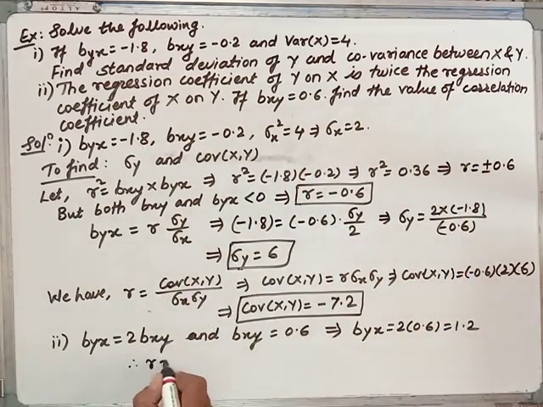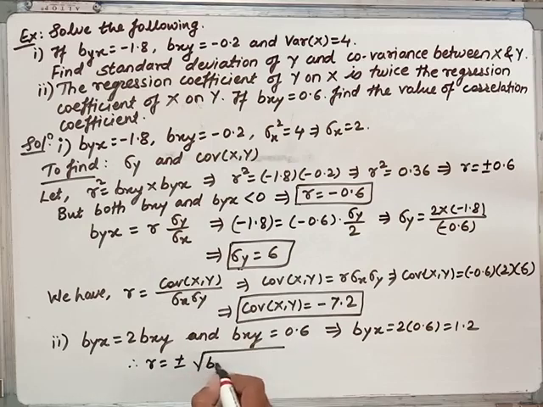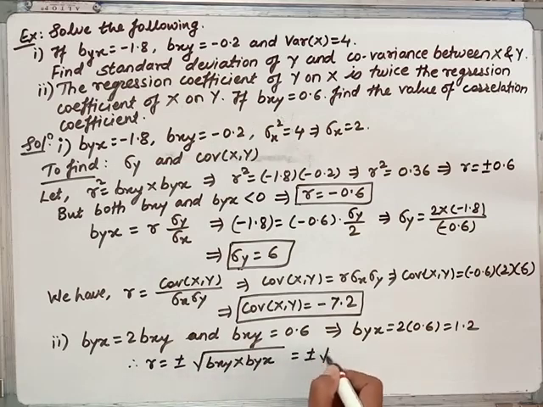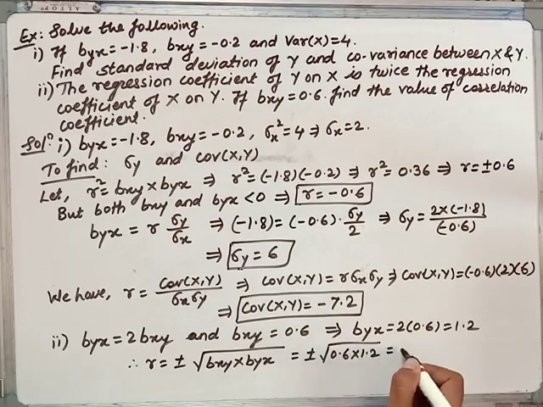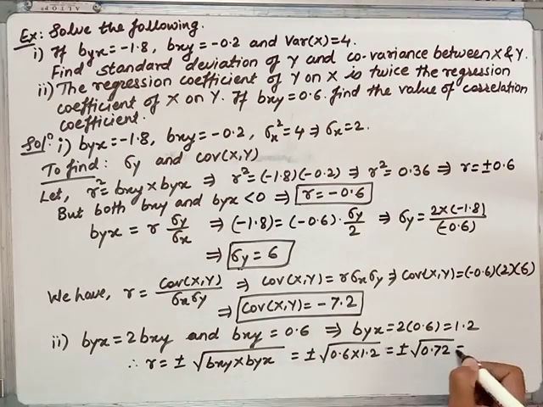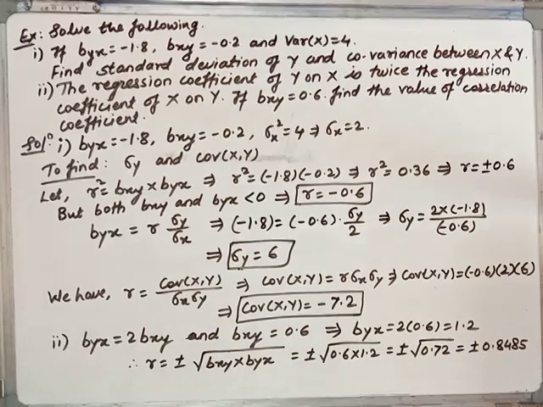Therefore, r is equal to plus minus root of bxy into byx, and that is plus minus root of 0.6 into 1.2. So it is plus minus root 0.72, that is plus minus 0.8485.